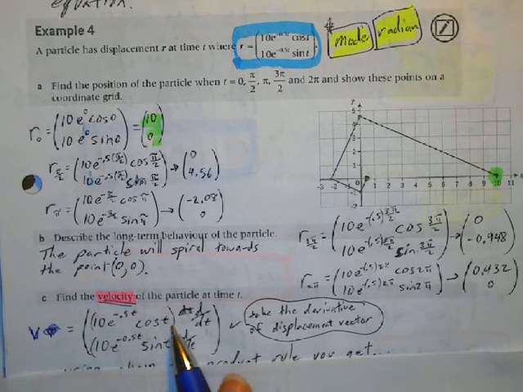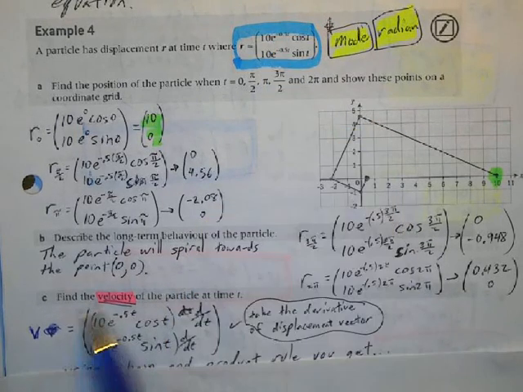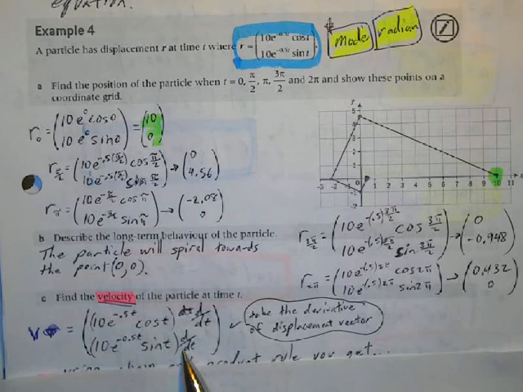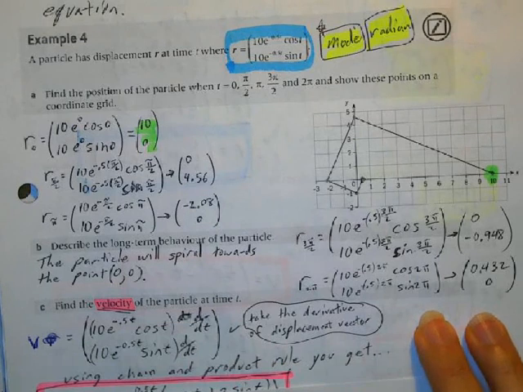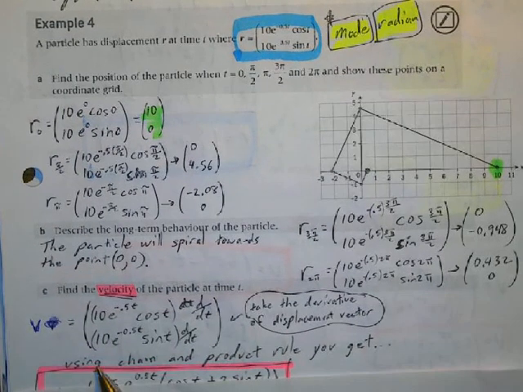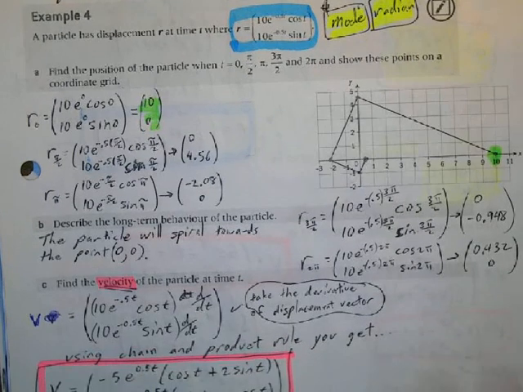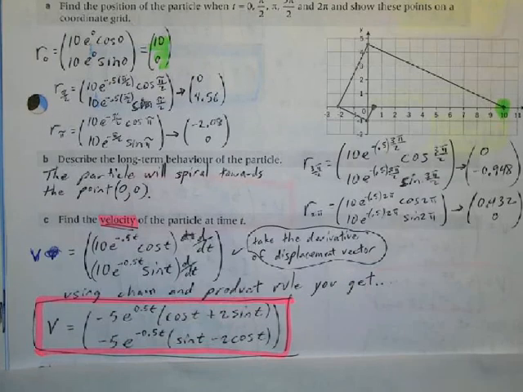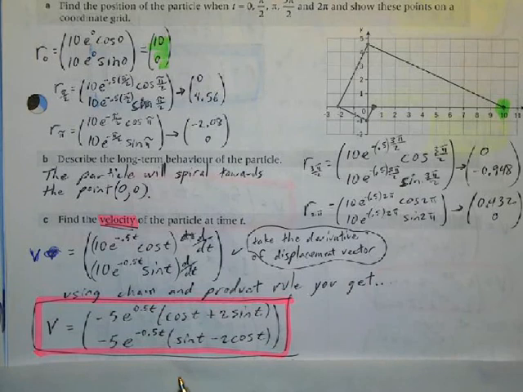So basically I've taken my displacement vector and put it in here, and then dr/dt. We're going to take the derivative of this. When I take the derivative, using chain rule and product rule, you get this. Just take my word for it. I'm not going to ask you to bother with doing chain rule and product rule for today's lesson.